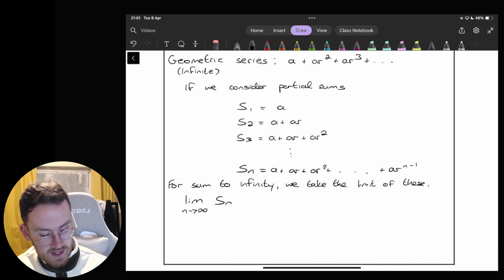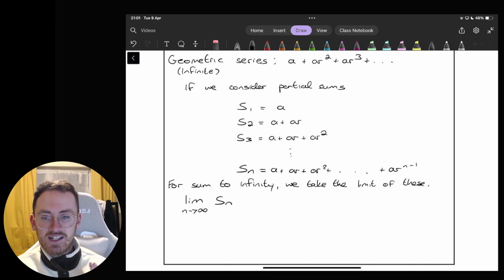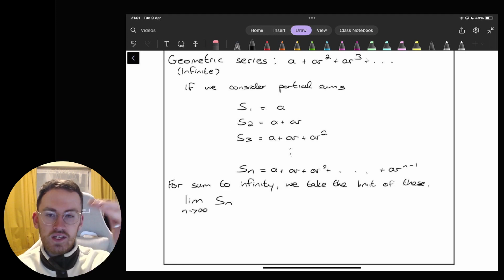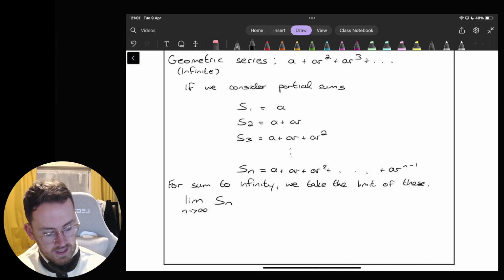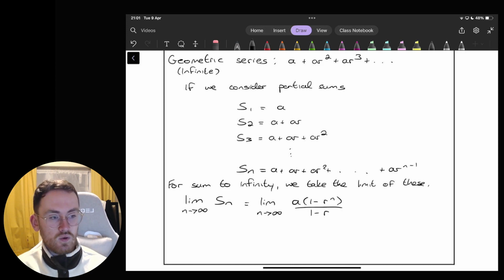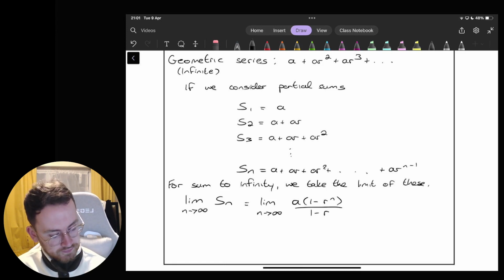So if I take the limit of Sn as n goes to infinity, I've been looking at S1, S2, S3 all the way up to Sn. I want to see now, if I just kept going and looked at all of those, where would I get to? What would the end result be? So we're really looking at taking the limit as n goes to infinity of a(1 minus r to the power of n) over 1 minus r.